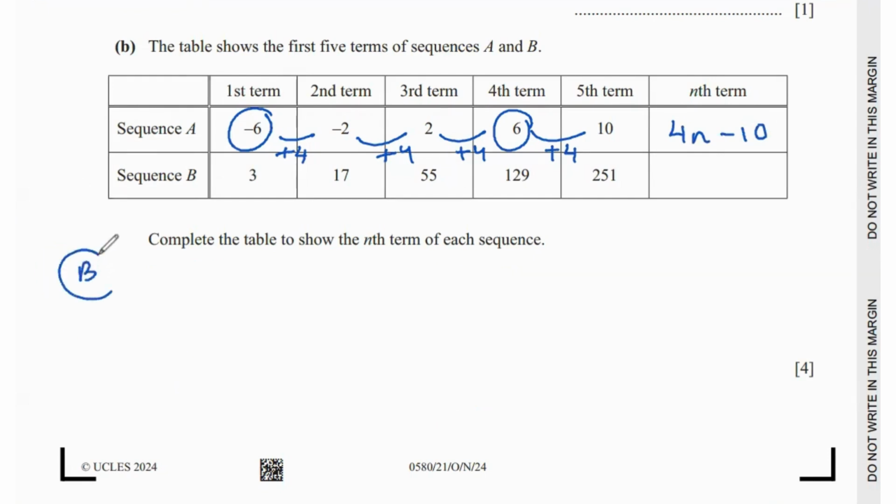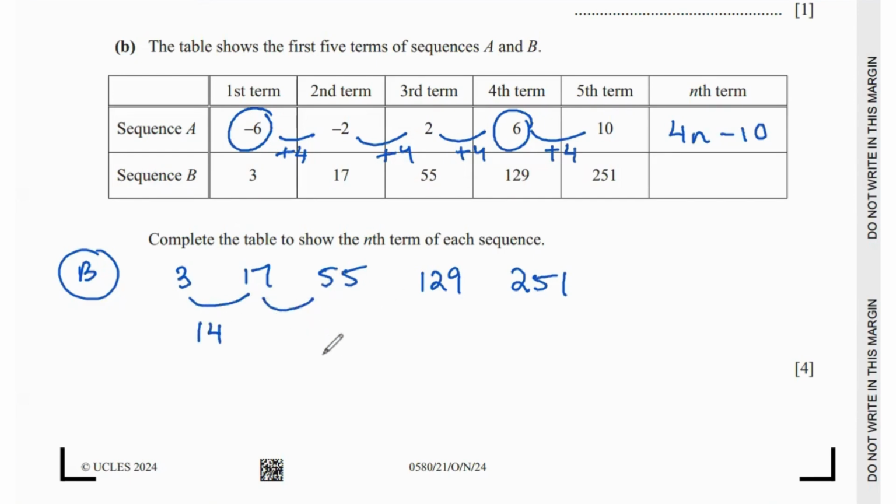Now for sequence B, we have 3, 17, 55, 129, and 251. We can clearly see that there's no common difference between these terms. For sequence B, let's try to see when we get a common difference between these terms. So if we start subtracting them, between 3 and 17, we have a difference of 14.